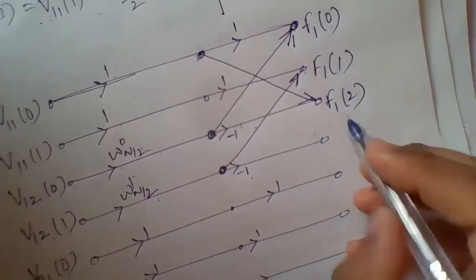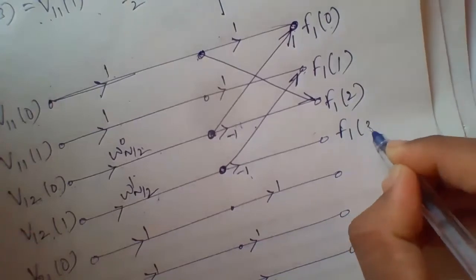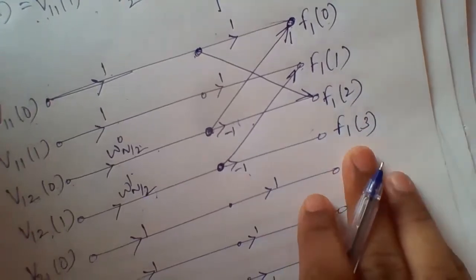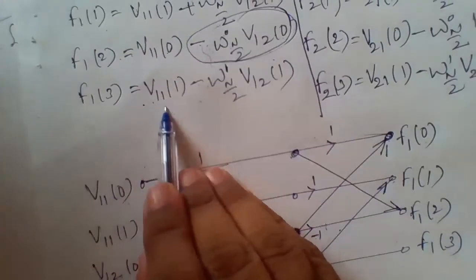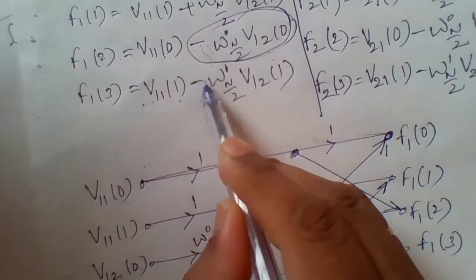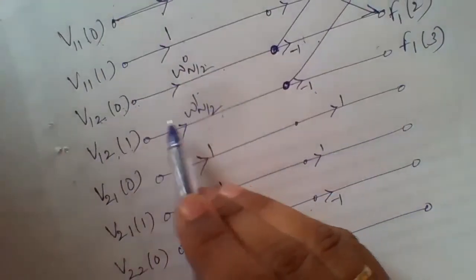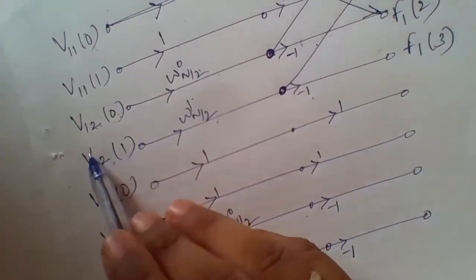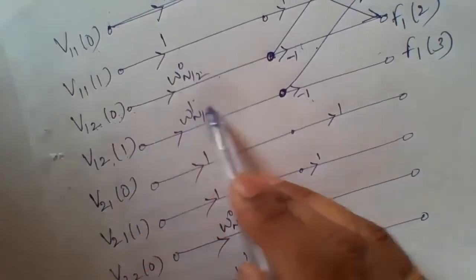Now similarly we will write the last, that is f1 of 3. The f1 of 3 is also the same, it is v11 of 1 minus 1 into w raised to 1 into v12. Here we already have v12 of 1 into w raised to 1 into minus 1.